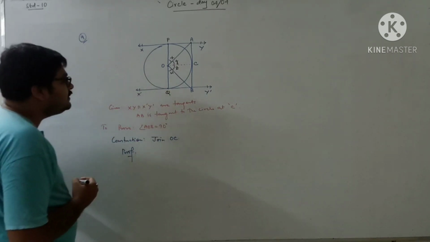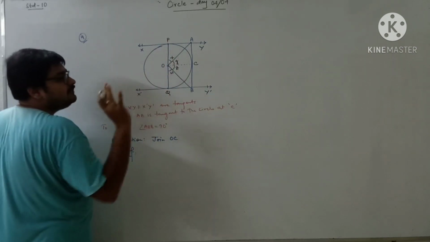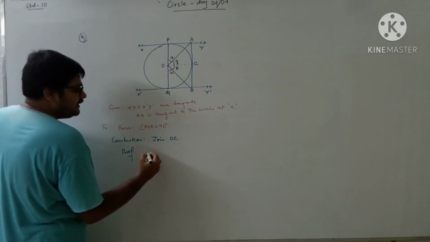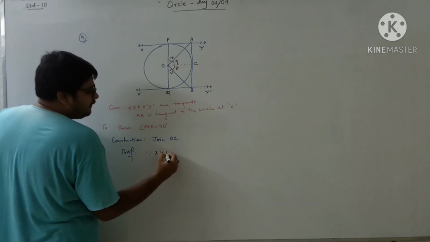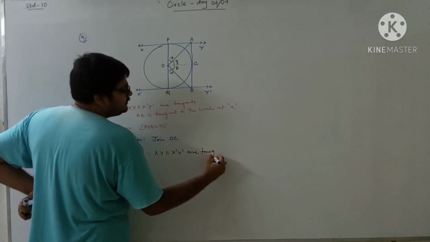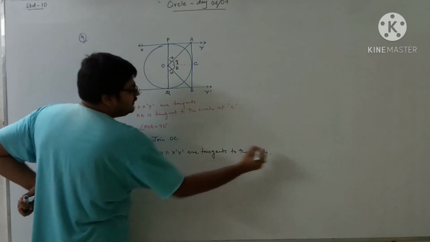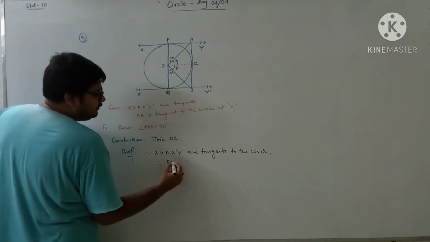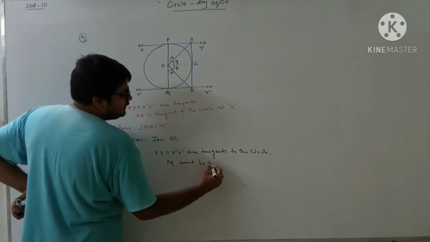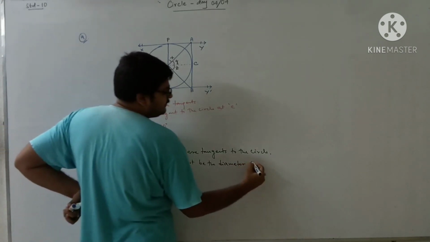So what will we write in the proof? First of all, we will write that PQ must be the diameter. So this one you have to write at first. How will we write the statement for that? Since XY parallel to X prime Y prime are tangents to the circle, therefore PQ must be the diameter of the circle.